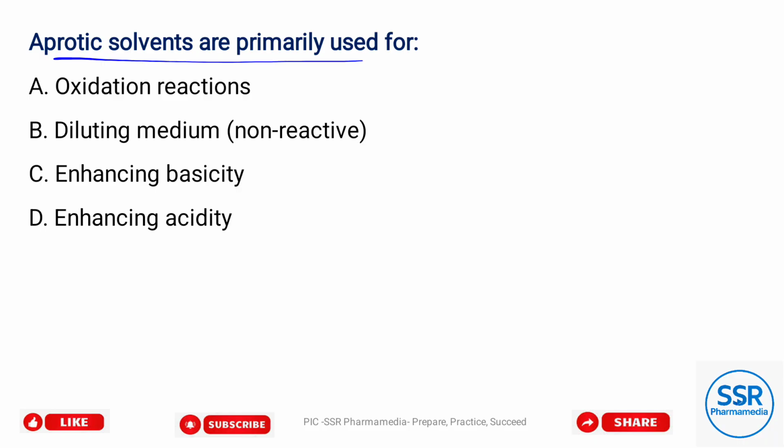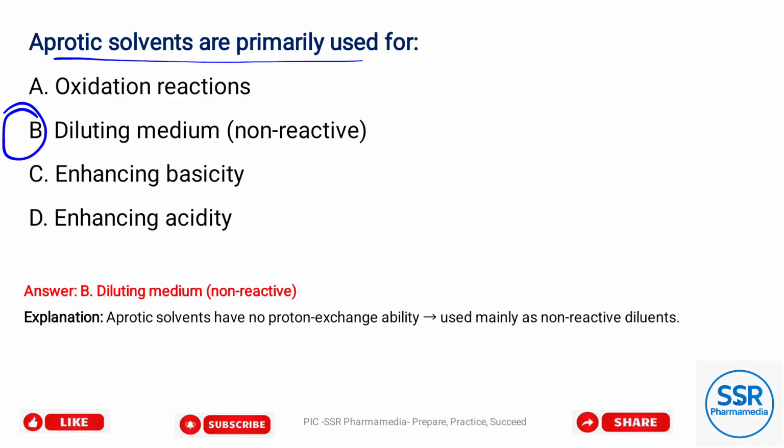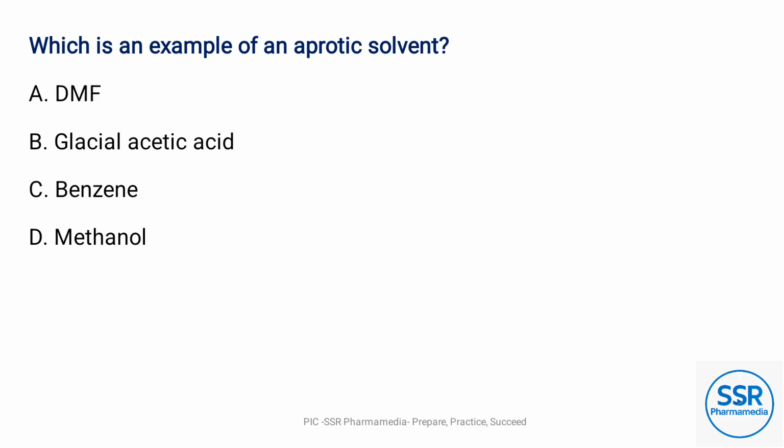Aprotic solvents are primarily used for option B, diluting medium. They are non-reactive because they do not contain protons or do not donate protons. Such solvents are called aprotic solvents, used as a non-reactive diluent.